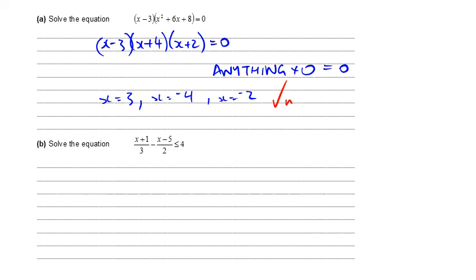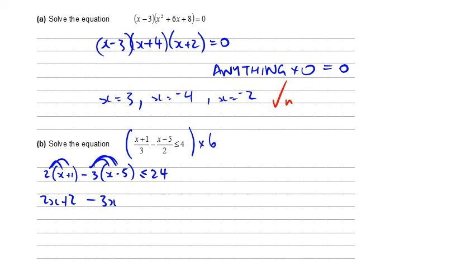Alright, now this one here wasn't done that flash. If I times this whole equation by 6, I get rid of the 2 fractions, eh? So that would be 2 lots of x plus 1 minus 3 lots of x minus 5 is less than or equal to 24. Some of you forgot to put that 24 part down. Expand that bracket. 2x plus 2 minus 3x.